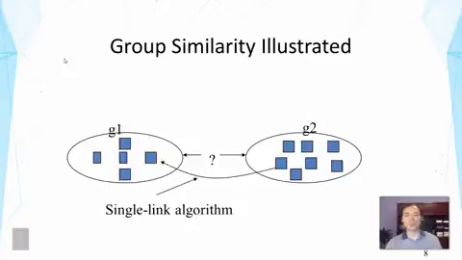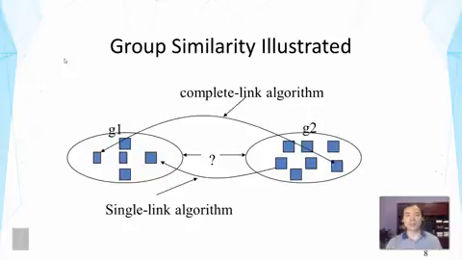So in terms of single link, we're just looking at the closest pair. So in this case, these 2 pair objects would define the similarity of the 2 groups. As long as they are very close, we're going to say the 2 groups are very close. So it's an optimistic view of similarity. The complete link, on the other hand, will be in some sense pessimistic, by taking the similarity of the 2 farthest pair as the similarity for the 2 groups.